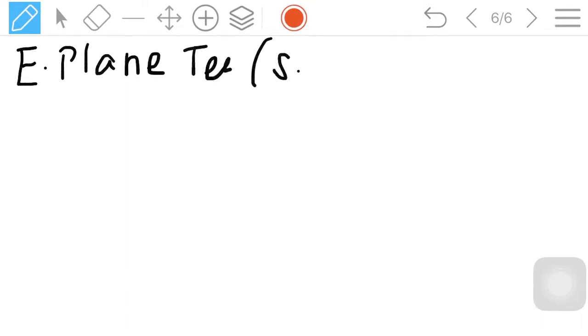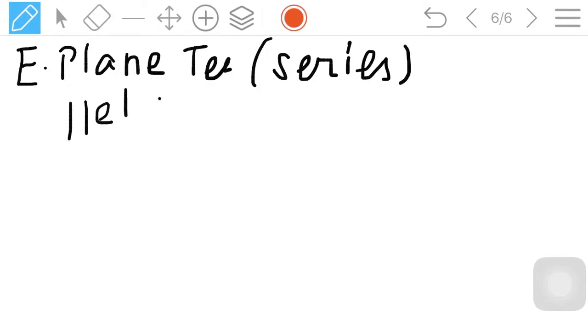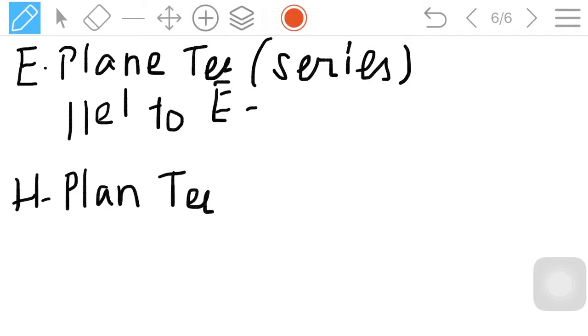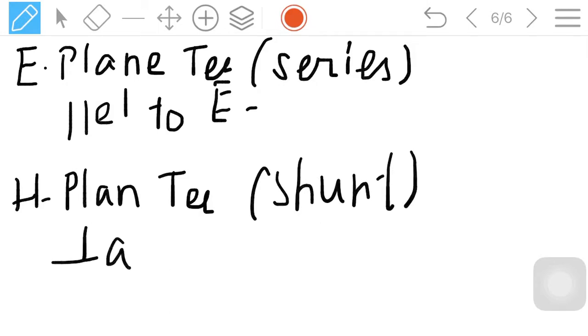Today we have seen two T's. One is the E-plane T, which is also called a series T. In this, the axis of the side arm is parallel to the electric field in the main branch. Next is the H-plane T, which is also called a shunt T. In this, the axis of the side arm is perpendicular to the electric field of the main waveguide.